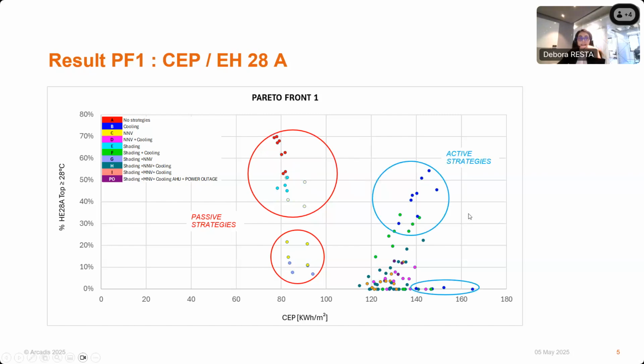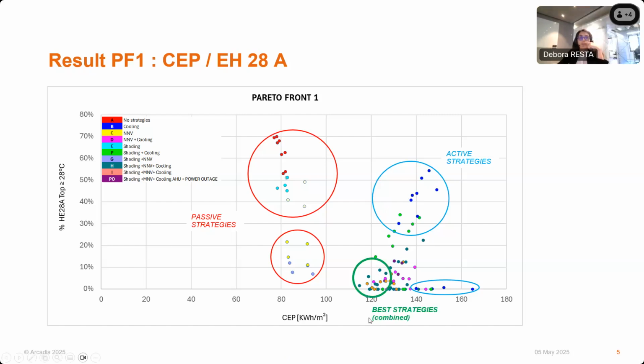The light circles represent solutions with active cooling. Automatic sizing configurations allow achieving overall comfort level, but lead to a clear increase in energy consumption. Active solutions in which we limit the cooling power show overheating exceeding 30%.